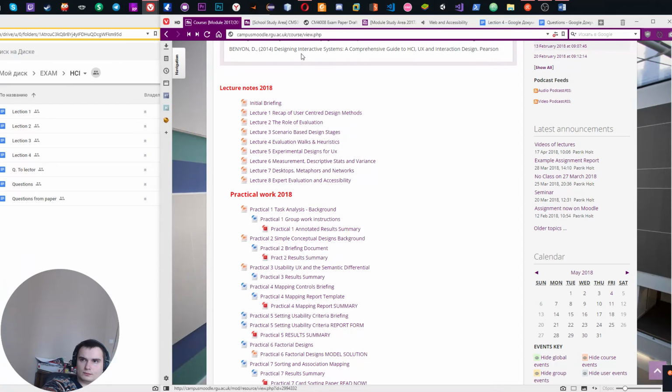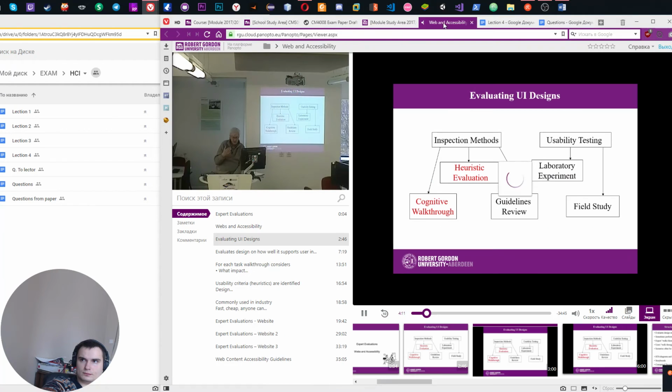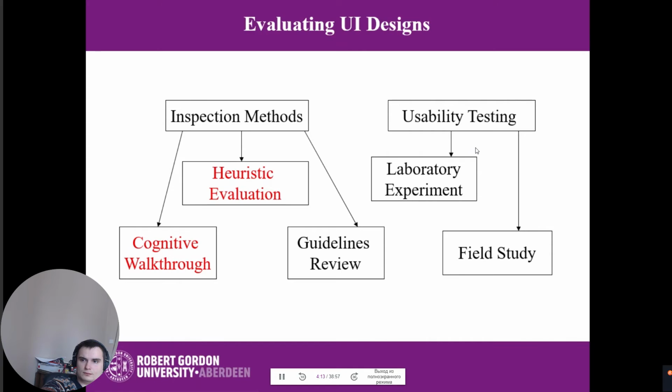And inspection methods are, for example, things like heuristic evaluation, which is mostly associated with Jakob Nielsen, and which I have mentioned, shown you, and have slagged off, because these heuristics, useful in their own right as ideas, in being used by someone who doesn't know what they're doing, will not give you very good results.